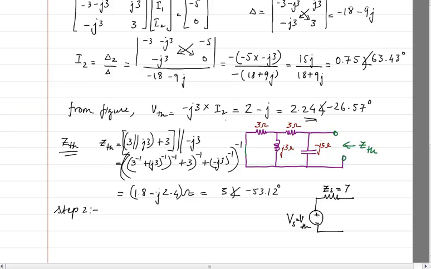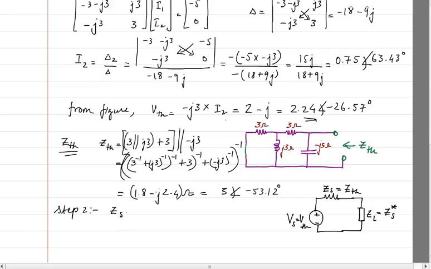Zs is same as Zth. And then we are having ZL, and according to the derivation that we had seen just now, ZL should be equal to the conjugate of Zs.